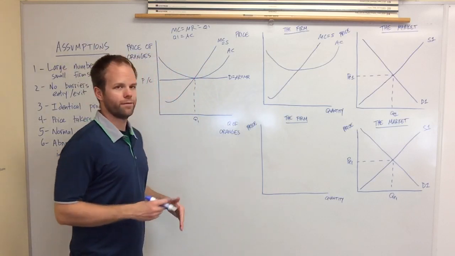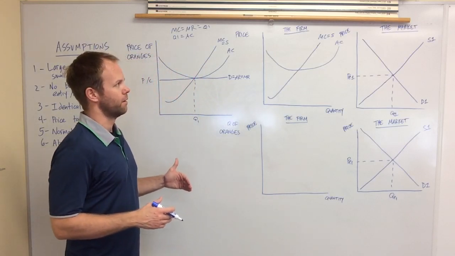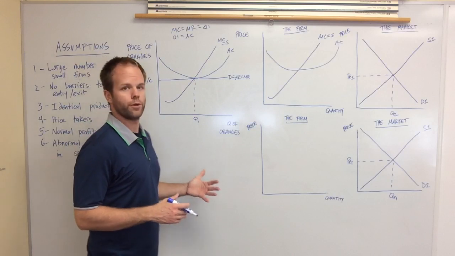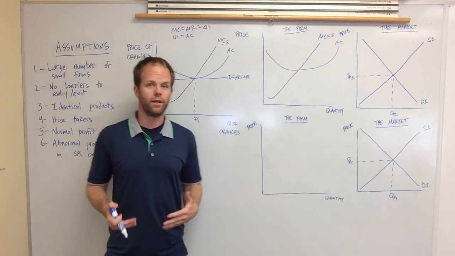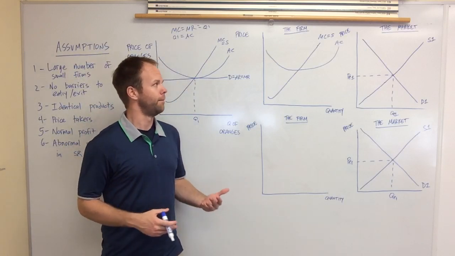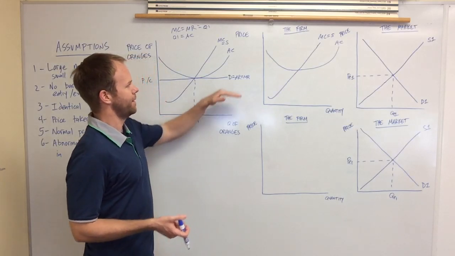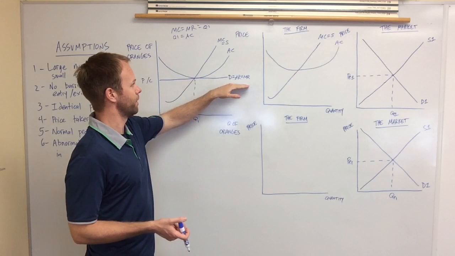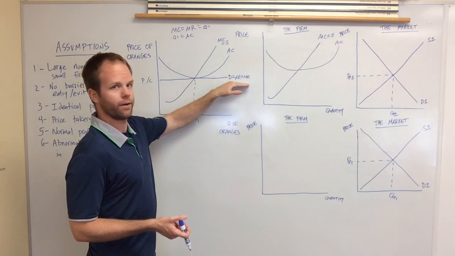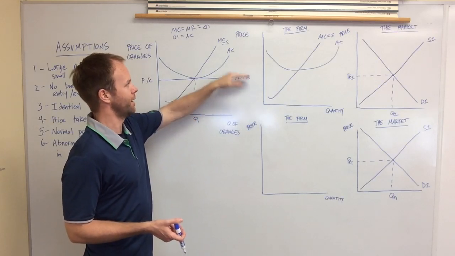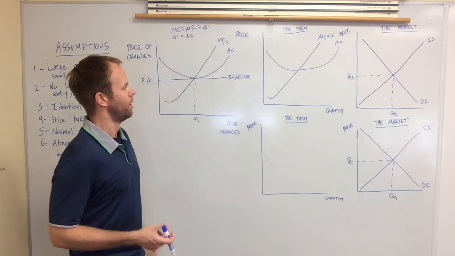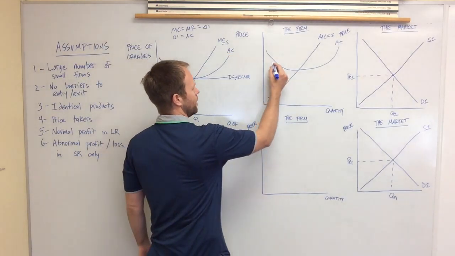Let's say for whatever reason the price in the market for oranges is really high. Maybe seasonally it's in demand, something like that. So if demand is high, if we have a perfectly elastic demand curve, we're just going to simply draw it higher than this. So maybe demand is here.